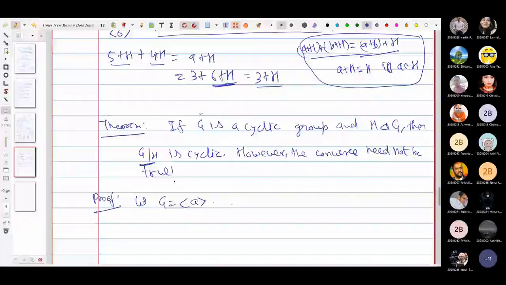Since H is a subgroup, in fact, one more thing I would like to tell you: if they simply write that H is a subgroup of G, then it is also sufficient because G is cyclic. So all its subgroups will be normal in G. So remember this.